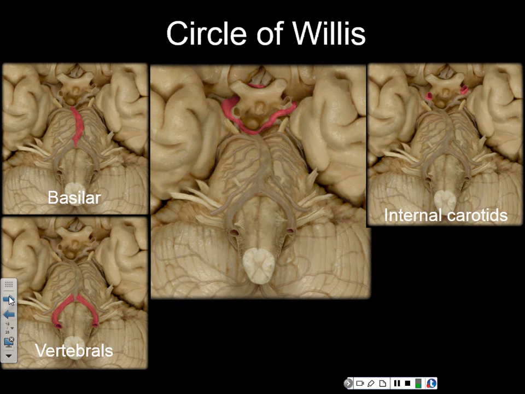Again, this is showing you the blown up pictures of how the vertebral artery comes in and joins to form the basilar artery, and then the basilar artery gives the posterior cerebral artery. It's just a directional name, named because it's in the posterior.